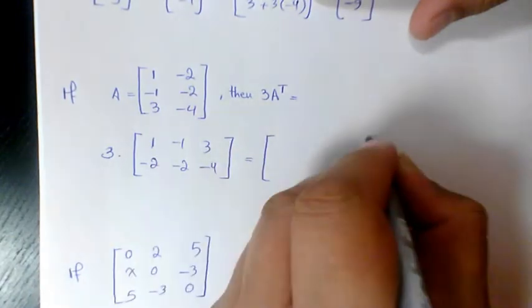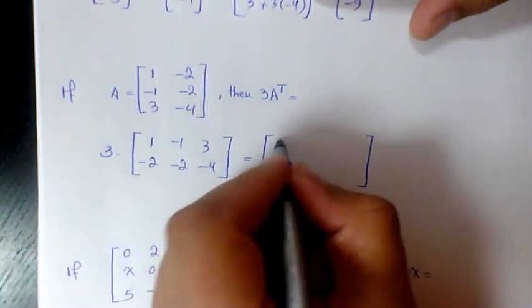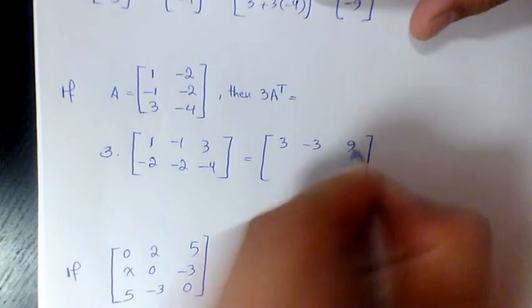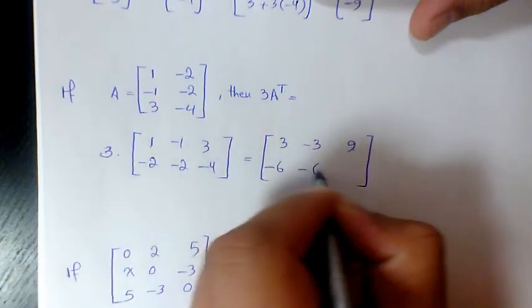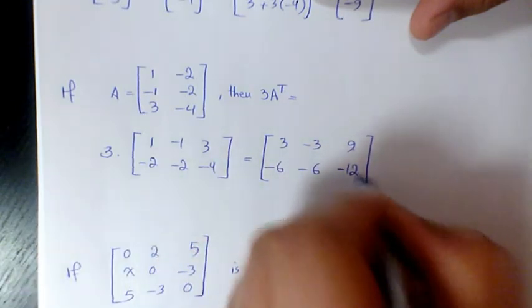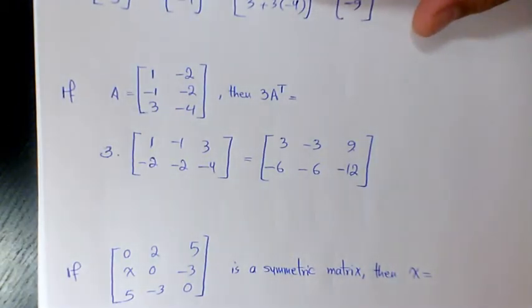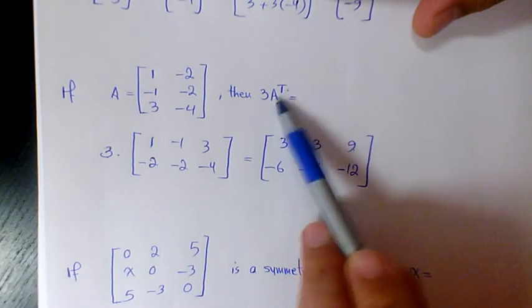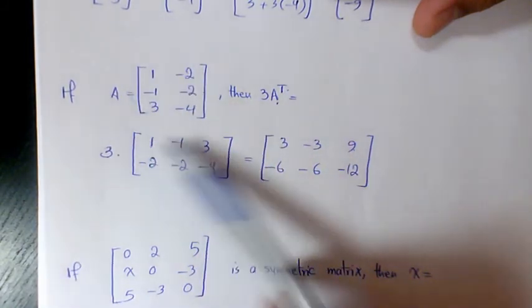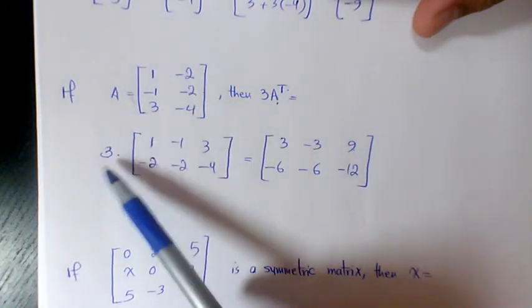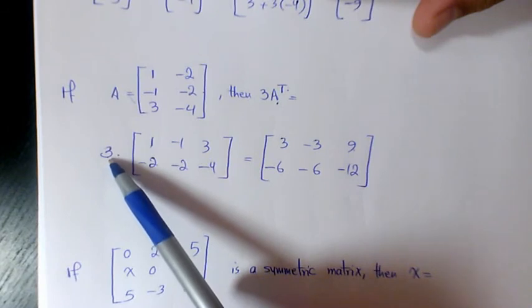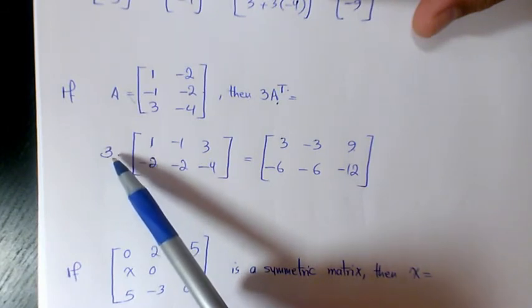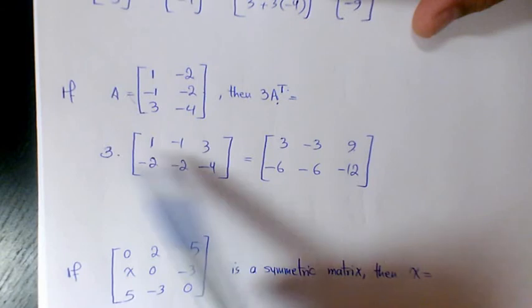That's going to be 3, negative 3, 9, negative 6, negative 6, negative 12. That's going to be the answer. So basically we found the transpose of this matrix, so that's why we have this 2 by 3 matrix, and then we multiply it by scalar 3, which means we need to multiply all the elements in this matrix by 3.